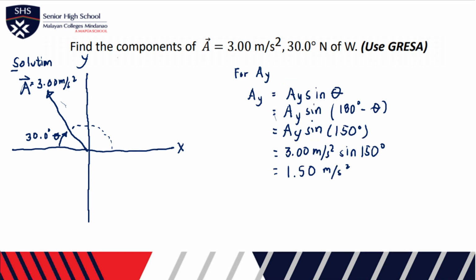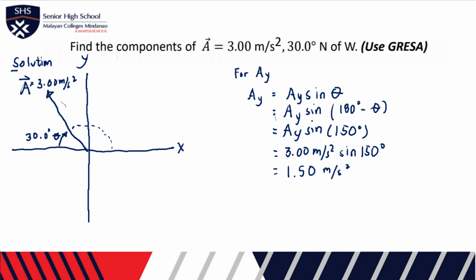Now let us solve for our y-axis component. Still, we will be using the equation that we have written a while ago. So we have A sub y equals A sine theta. We have the complementary angle. You just need to deduct 30 degrees from 180, which comes from the straight angle.